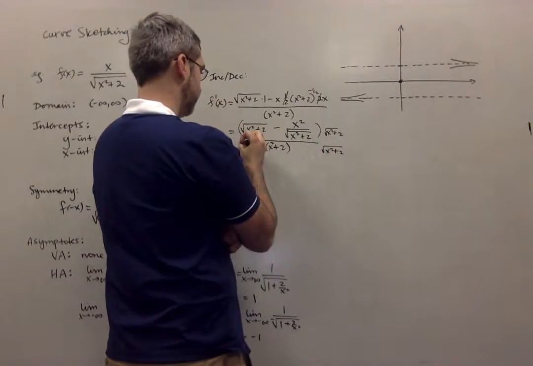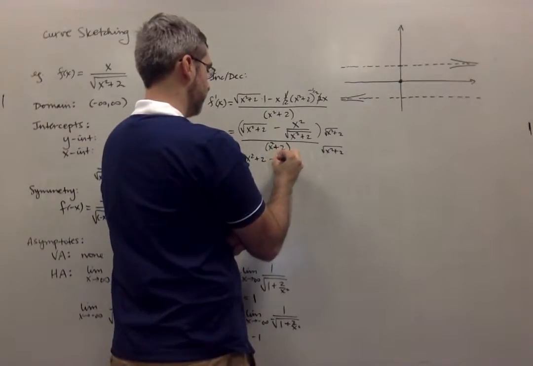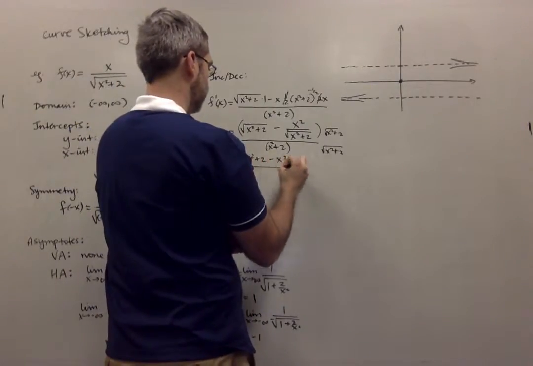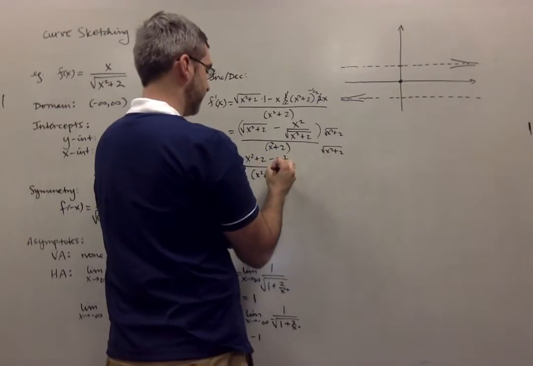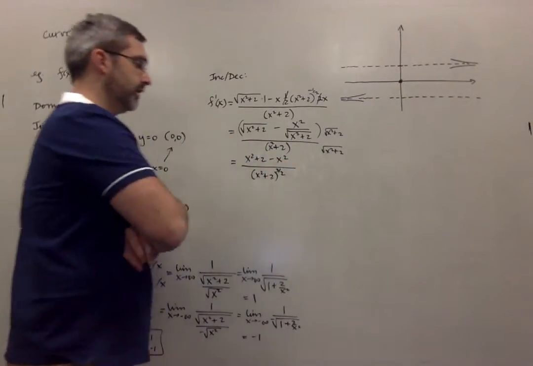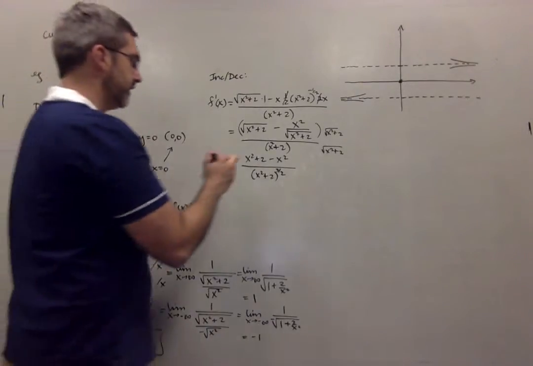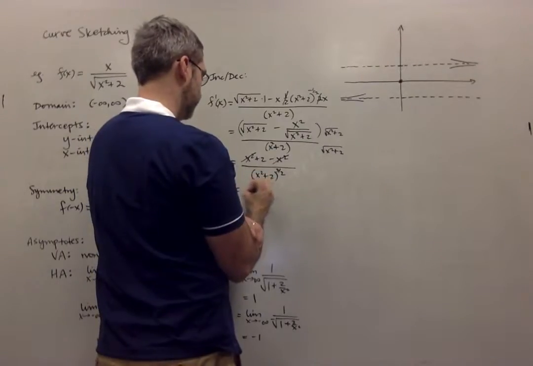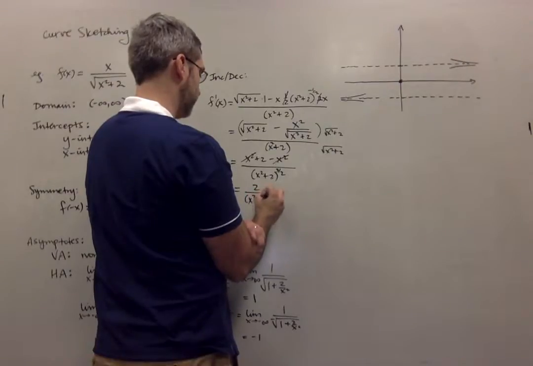And what that's going to do is give me x squared plus 2 here, minus x squared. And on the bottom, I've got x squared plus 2. I have a whole one here and then another half, so I've got 3 halves of a copy of that. And conveniently, the x squareds cancel. So I've got 2 over x squared plus 2 quantity to the 3 halves.